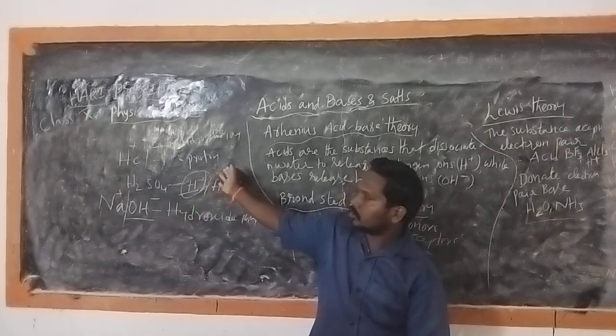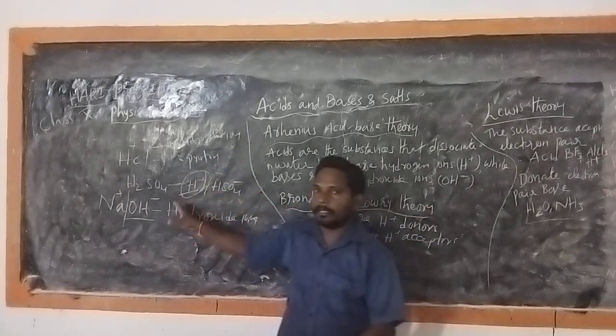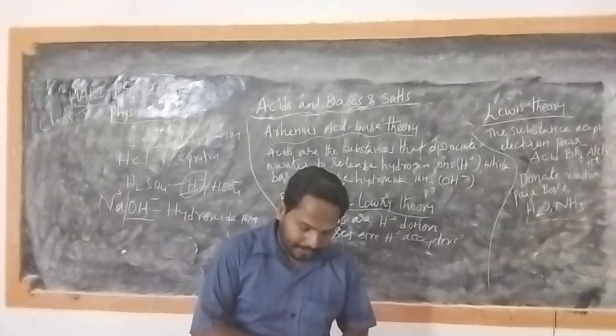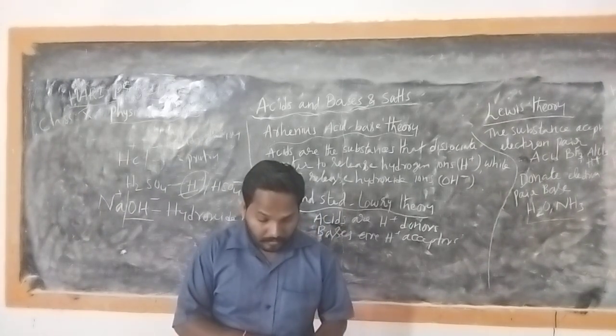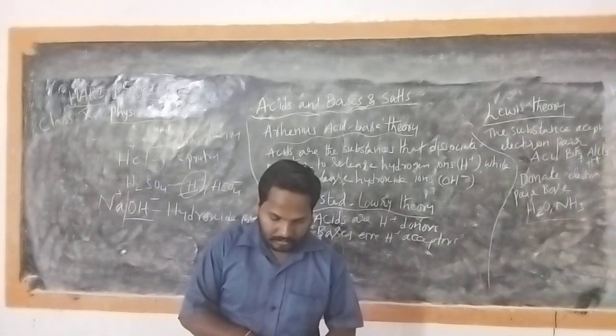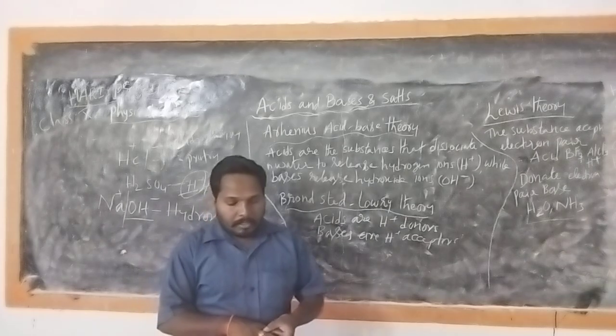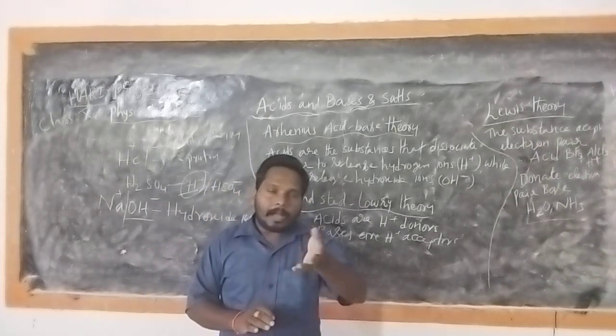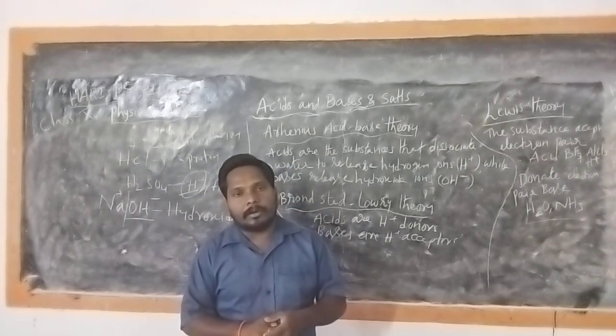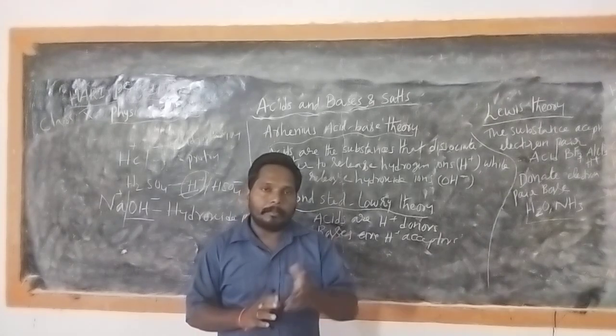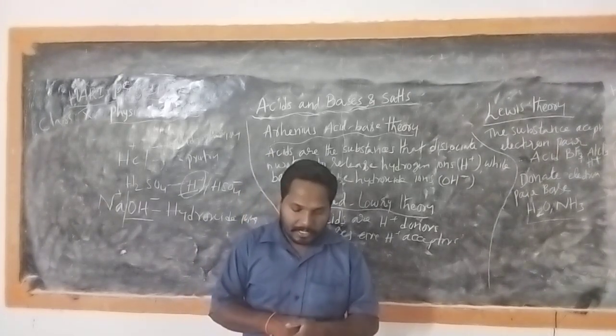HCl, NaOH, H2SO4, KOH are examples. There are some drawbacks of the Arrhenius acid-base theory.